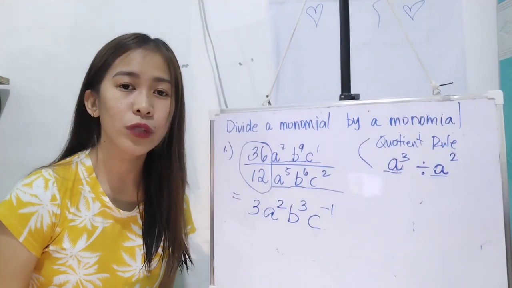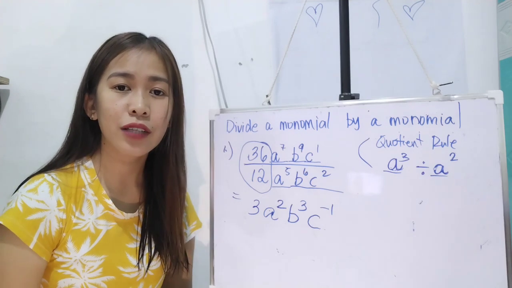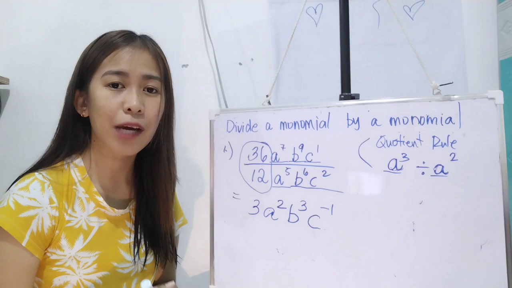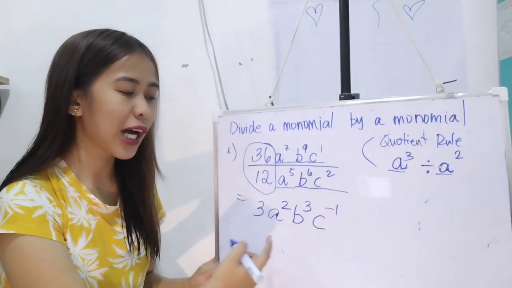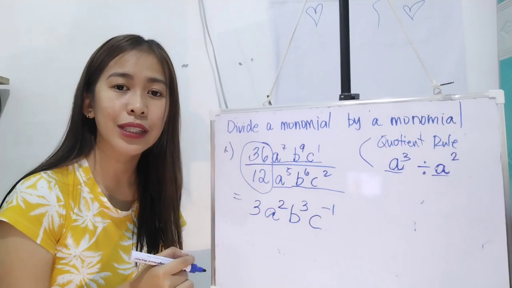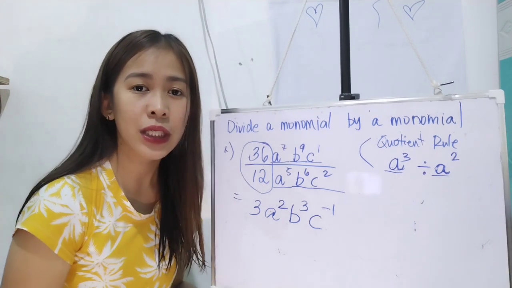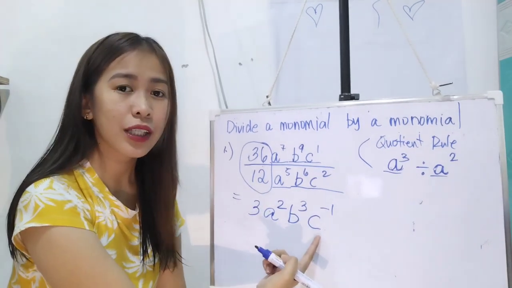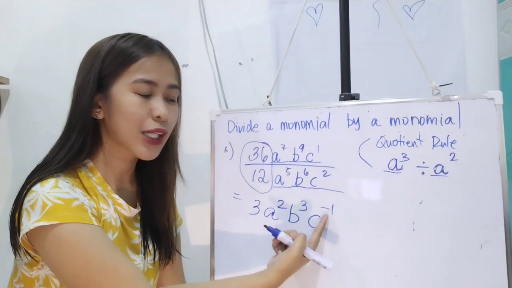So, what are we going to do is to use the negative integral exponent rule doon sa law of exponent. Ano yung sinasabi ng rule na yon? Kapag daw yung variable ay may negative na exponent, ang gagawin natin dyan ay ibababa natin yan sa denominator. Okay? So, therefore, ibababa natin itong c. Kasi meron siyang negative 1.